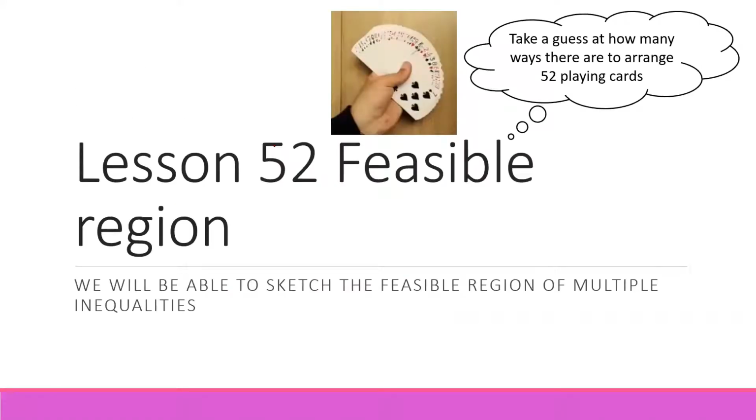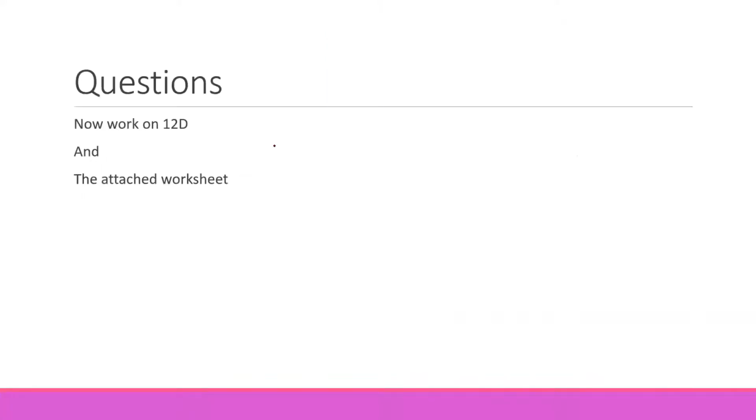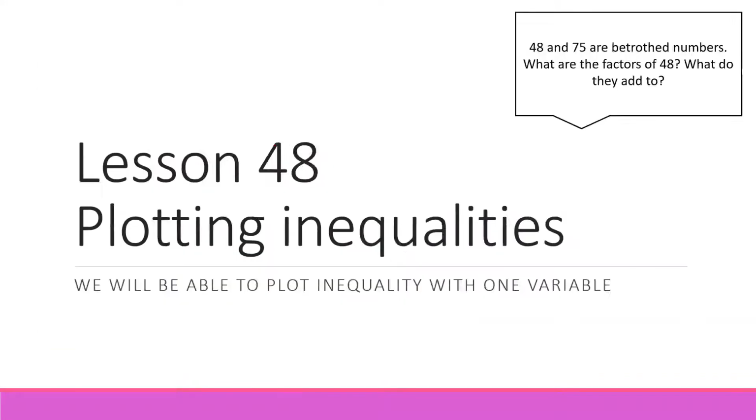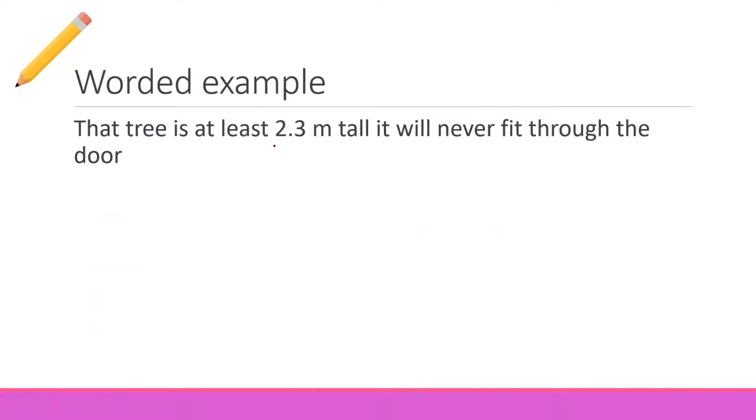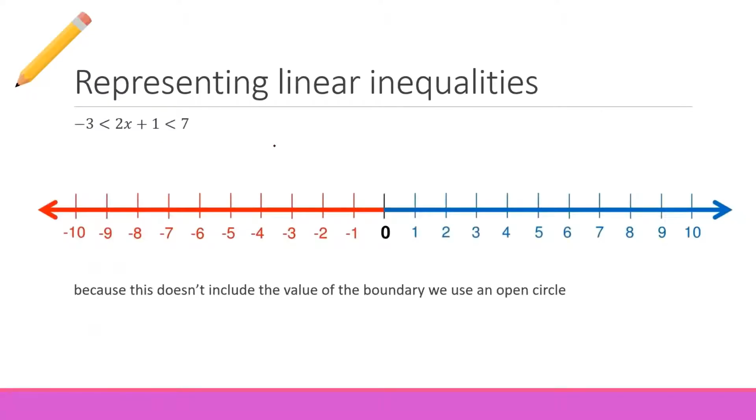The feasible region. Will you be able to sketch the feasible region of multiple inequalities? This is a continuation of what we've been doing the past couple of lessons, because we're building up level by level. At the very start, we started off with random inequalities: how do we draw them on a line?